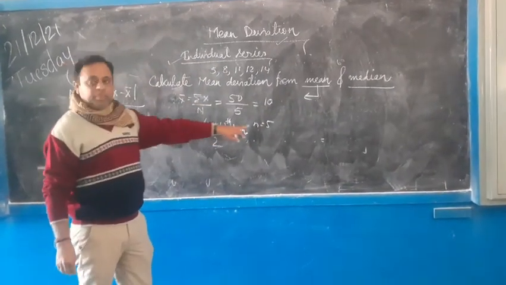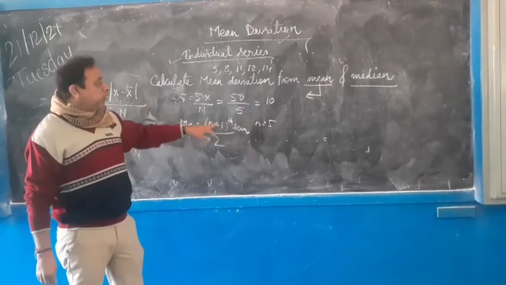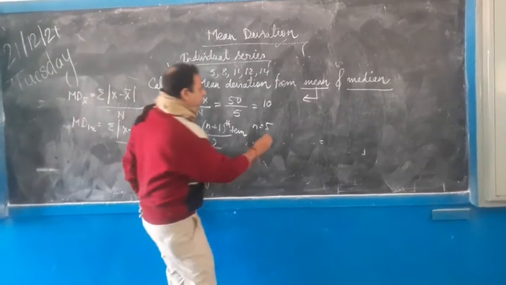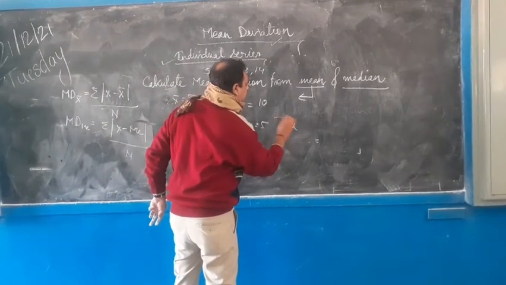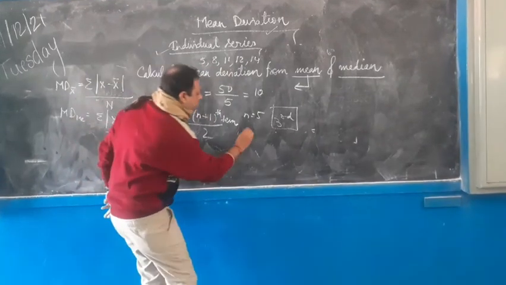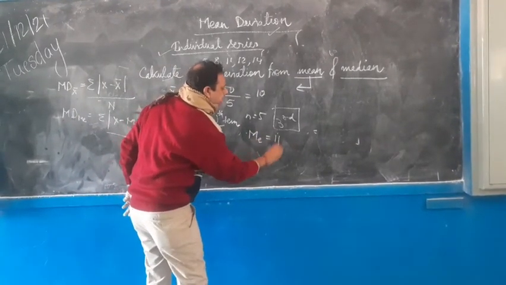N plus 1, 5 plus 1, is 6, upon 2. It will come to the 3rd term. So the 3rd term is your median, and here the 3rd term is 11. So the value of median is 11.